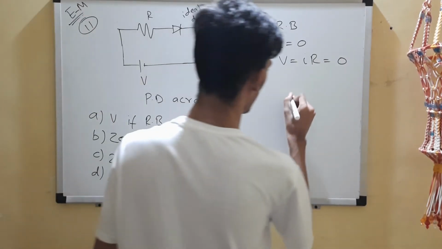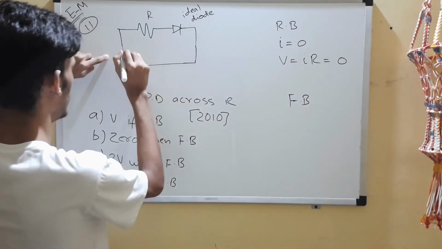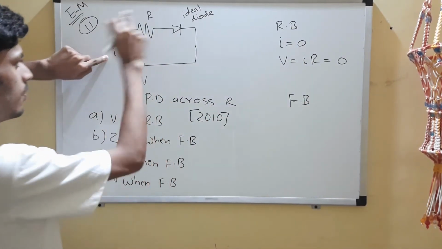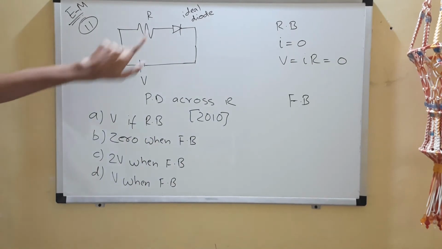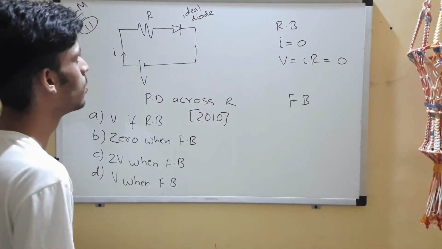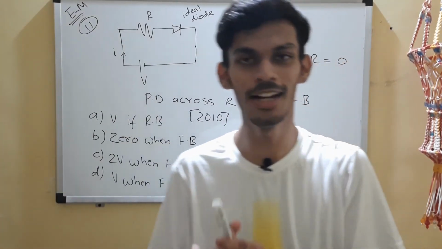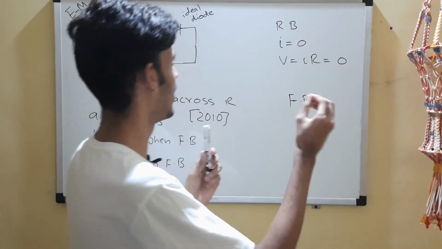If you see the forward bias case, some current will flow through the battery, right? And some current will flow in this circuit. The diode will allow current to flow through the circuit. The thing you can note is that the diode is an ideal diode, right? Which means that it won't have any resistance.